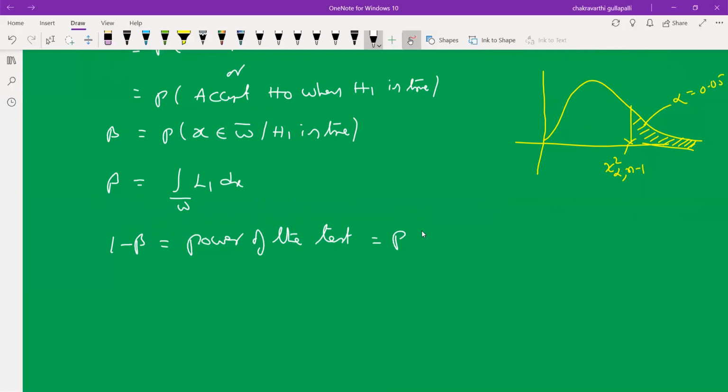That is equal to the probability of rejecting H naught when H1 is true. 1 minus beta is equal to the probability of X belonging to W under H1 is true.